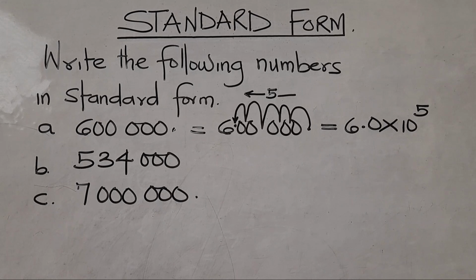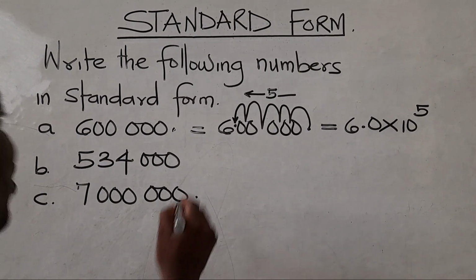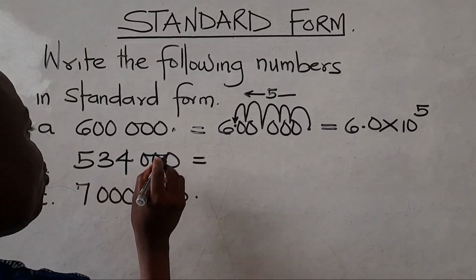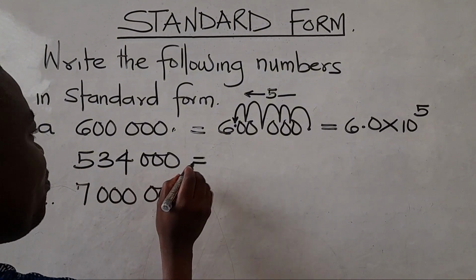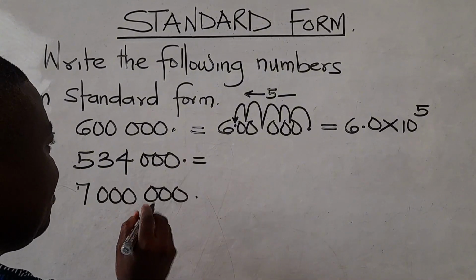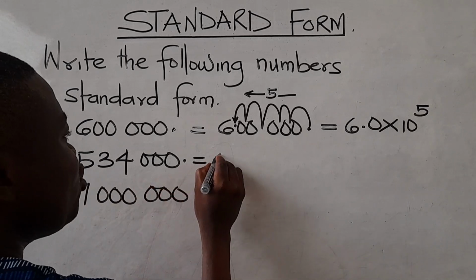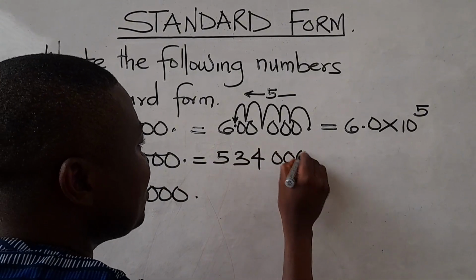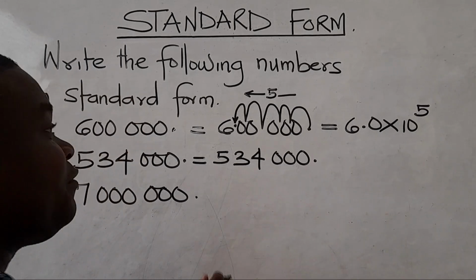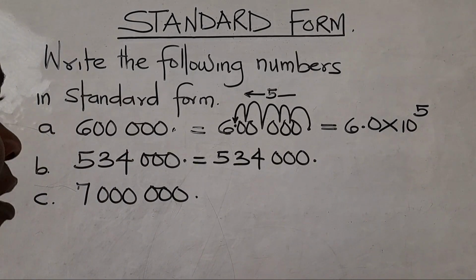Let's see example 2. We have 534,000. The point is outside because there's no point inside. We want to drive it to the first non-zero number.